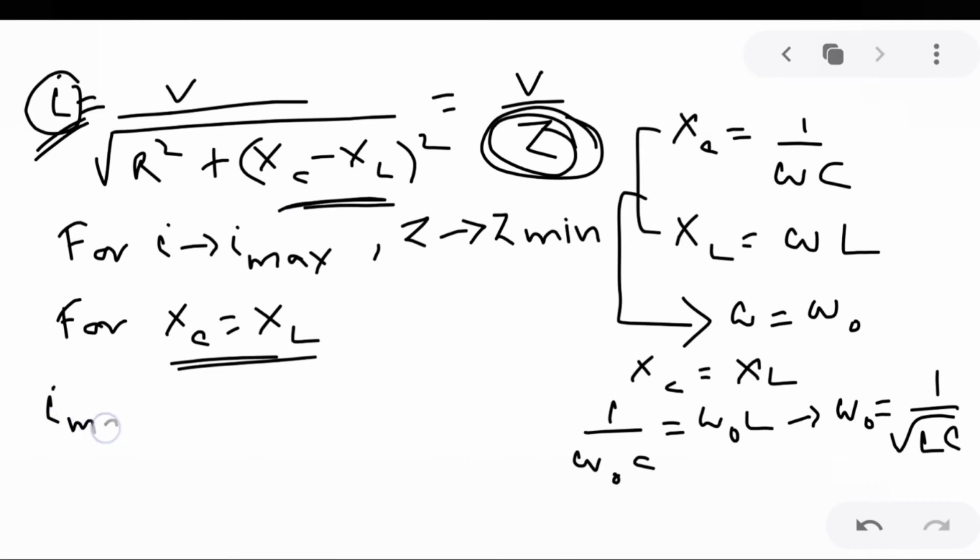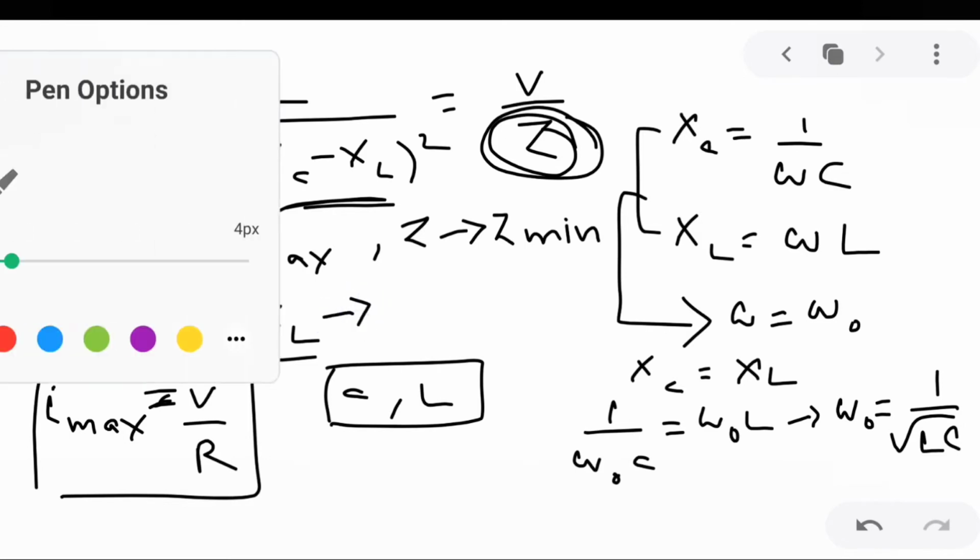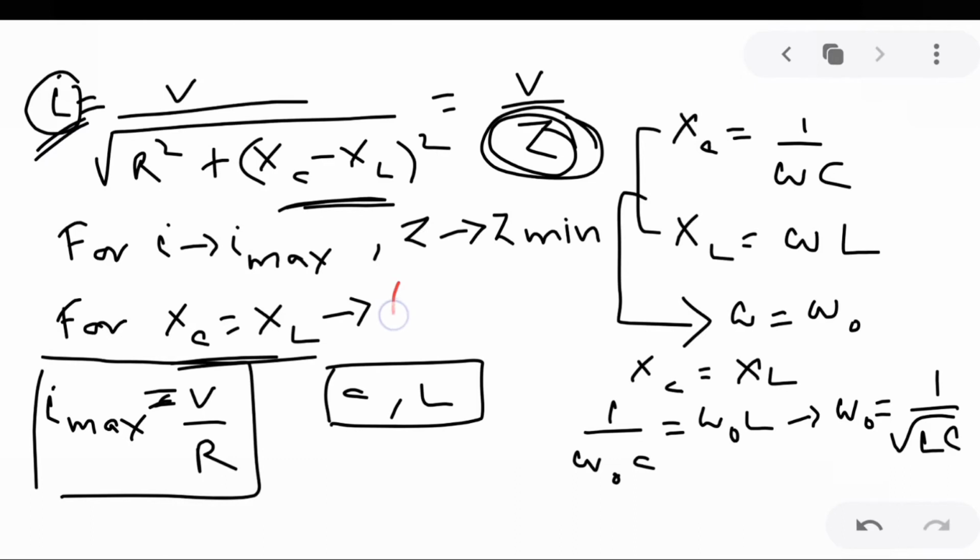That maximum current will be equal to V by R. So that means at the maximum value of current, the circuit will behave as a purely resistive circuit, as if the capacitor and the inductor are not present in the circuit at all. This particular condition, when XC becomes equal to XL, is called the resonance condition.